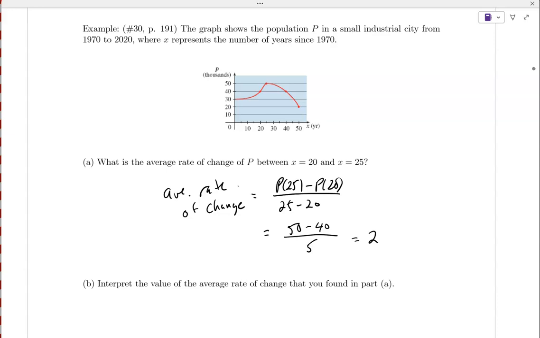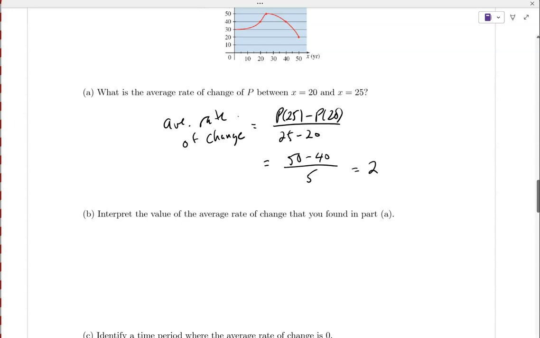What's P representing? The population, right? And notice on the side here it says it's in thousands. So when we got a 2 here, that's not really a 2, it's 2,000. The top's in thousands of people. What are the time units?